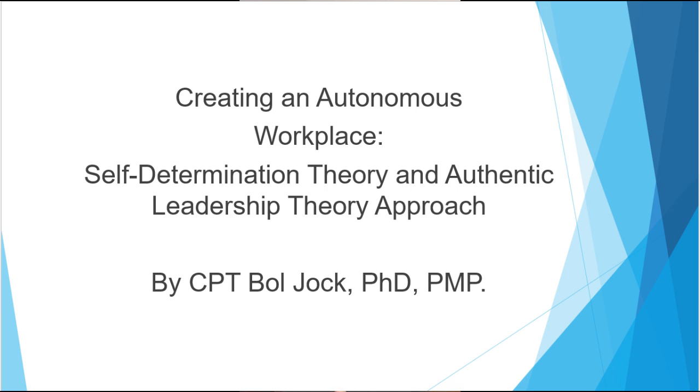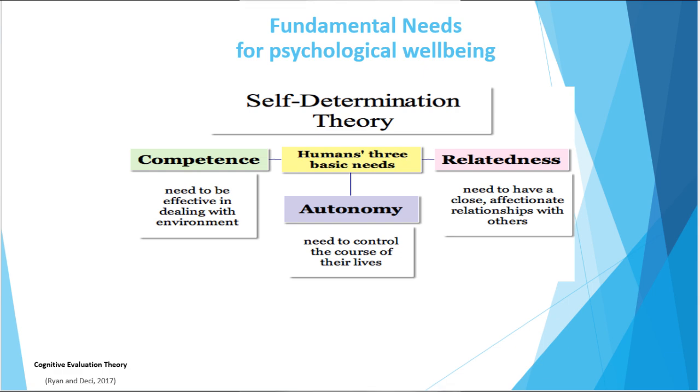That's what I'm going to talk about today, to give you the best way to create an environment where autonomy can produce good outcomes for your organization. There are three essential things that must be available in the workplace for somebody to have high quality motivation.